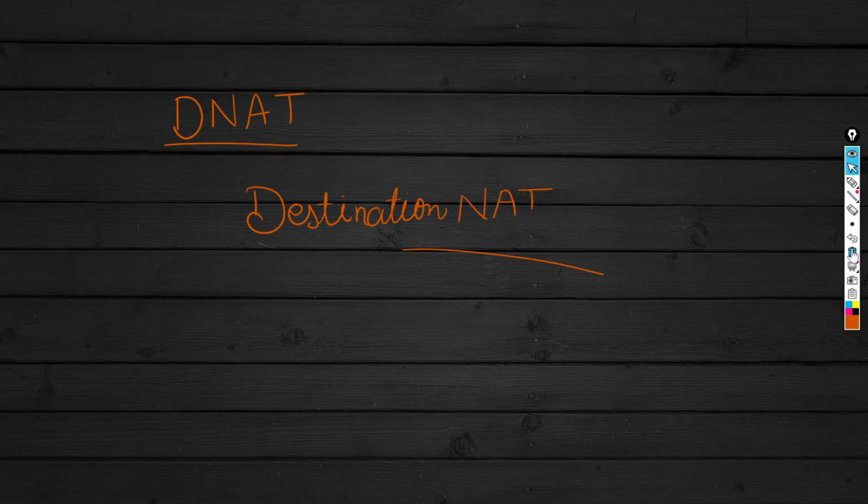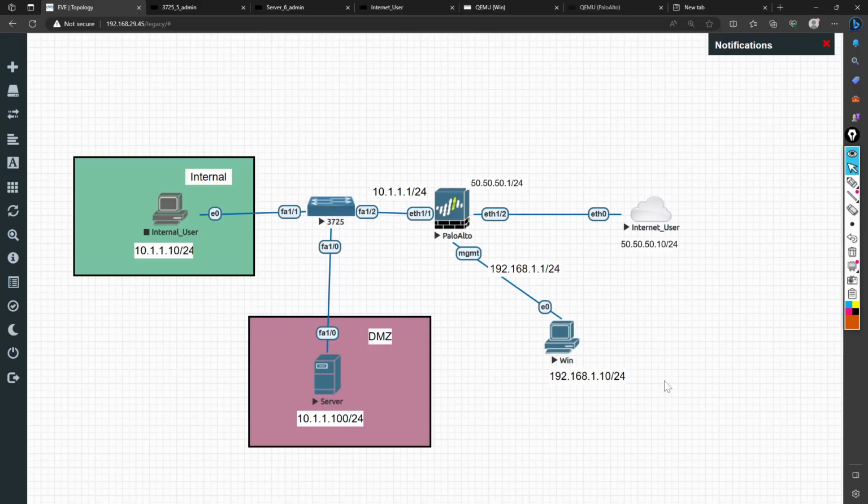Let me open my lab here. So this is my lab, which I'm going to demonstrate to you. If I first focus on what source NAT is, let's say you are a user, an internal source, and you want to access a resource on the internet, let's say a Google server.